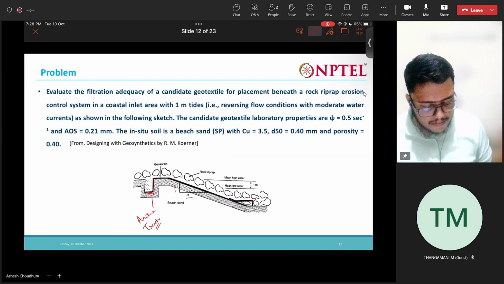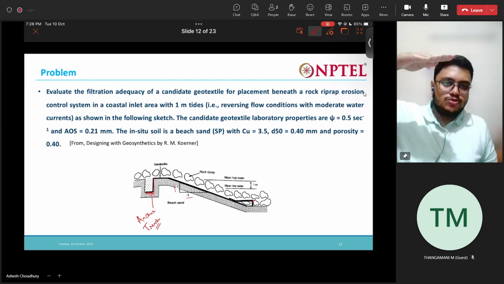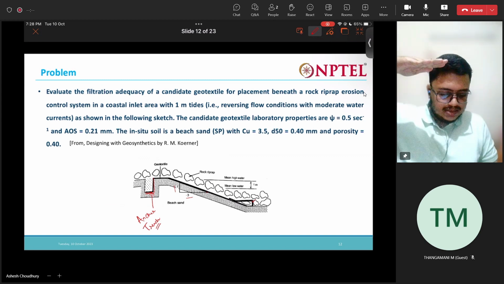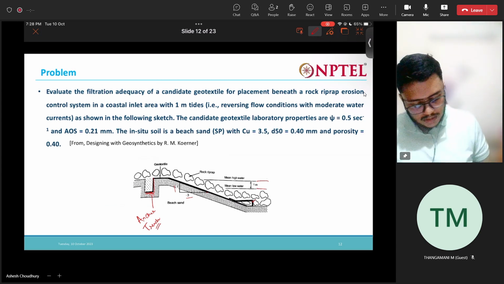And the mean high water to mean low water is given. That means the maximum water level due to tides is this one, and the minimum low water is this much. The water is fluctuating between these two levels.